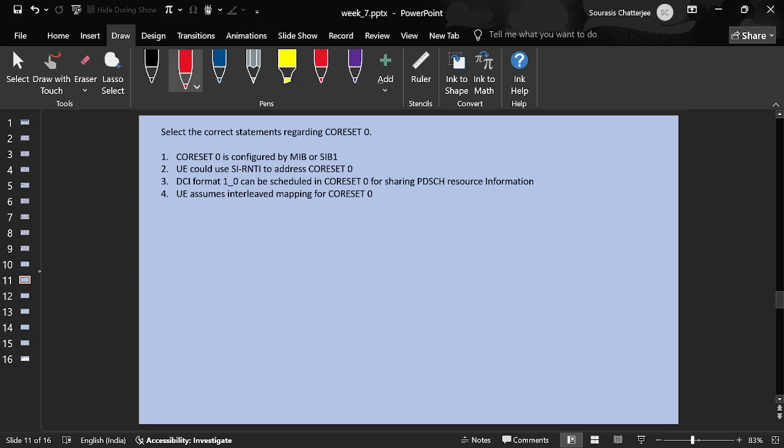The first one says it's configured by master information block or SIB1. Second says that the user could use system information RNTI to address coreset 0. Third is DCI format 1_0 can be scheduled in coreset 0 for sharing PDSCH resource information. And fourth one is the user assumes interleaved mapping for coreset 0. So what are the correct options here?